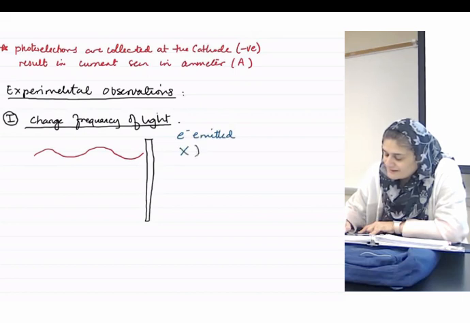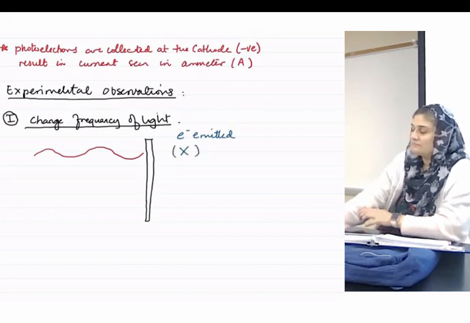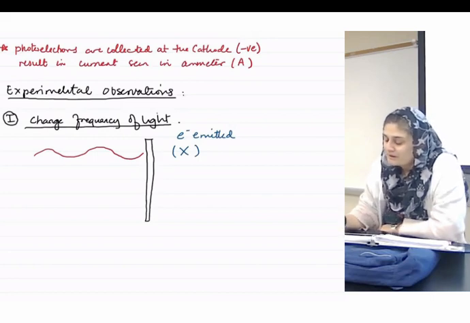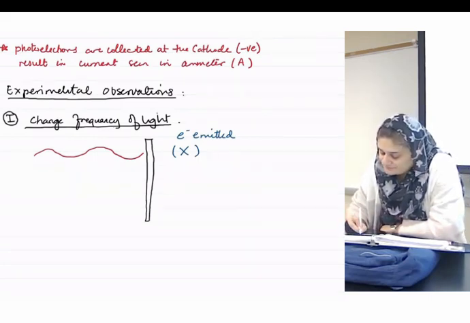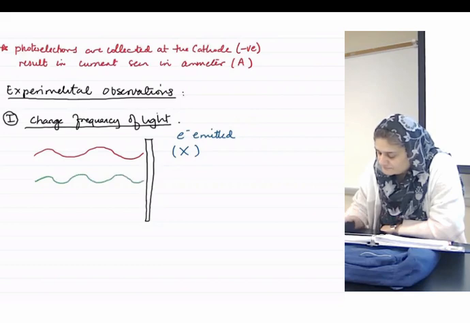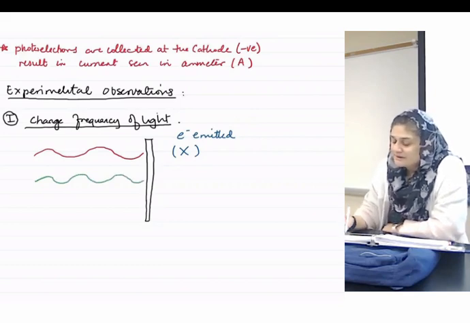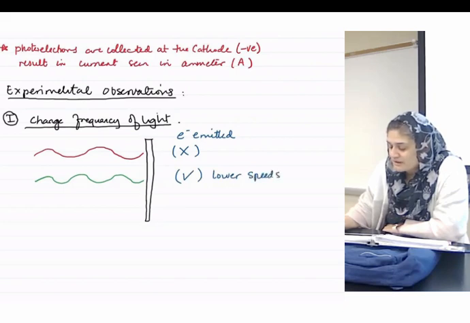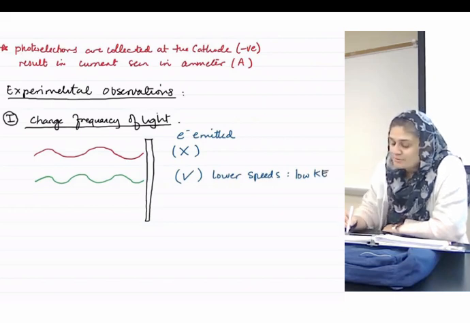And let's say my answer to number one is no. Then they said, okay, well, next color would be my green color. Electrons emitted, the answer is yes. But they saw that they had lower speeds, which means low kinetic energy. And then they did blue.